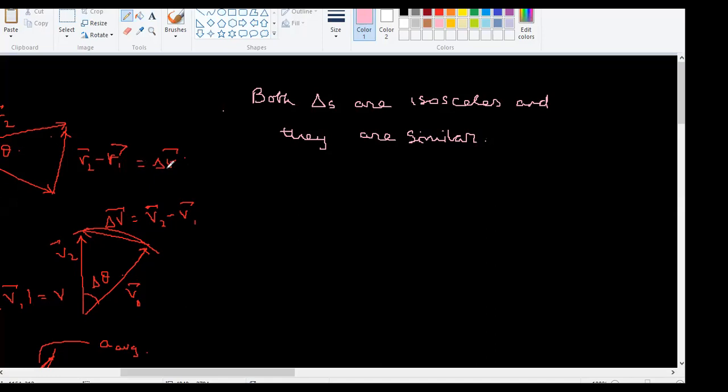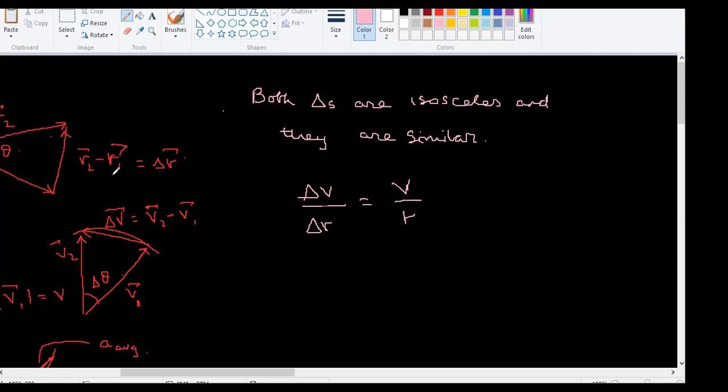I can say that del V, since I said these are similar triangles, I can say that this by this should be equal to this by this. So del V by del R should be equal to V by R, because similar triangle means corresponding sides will be proportional.